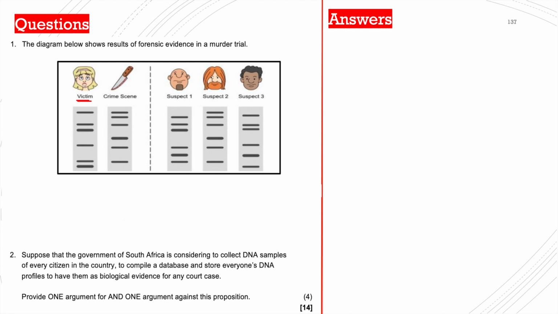Okay, and then we have the DNA that was found on the knife at the crime scene. So this is the murder weapon. Okay, so we have DNA maybe on the shaft or on the handle of the knife there. So it means that the DNA that is found there is most likely the DNA of the person who stabbed, the criminal. And then they created this DNA profile according to the DNA that was found on the handle of the murder weapon.